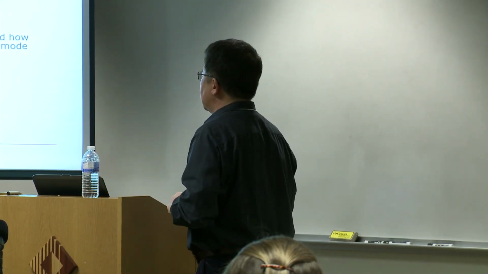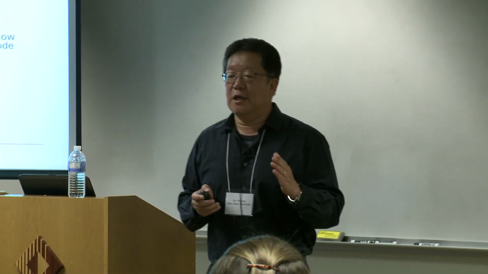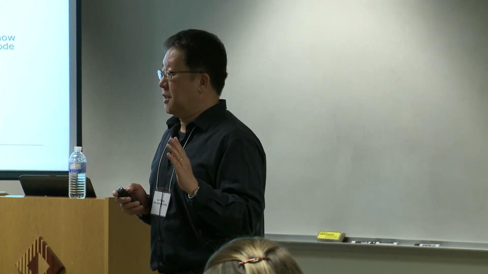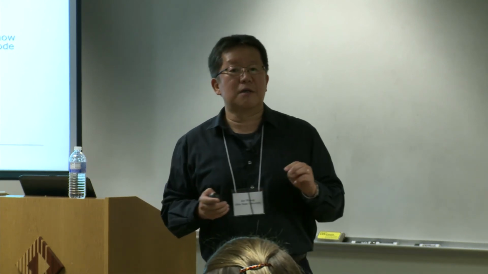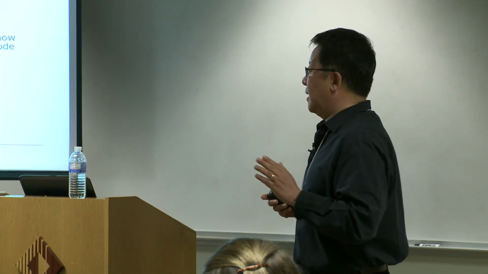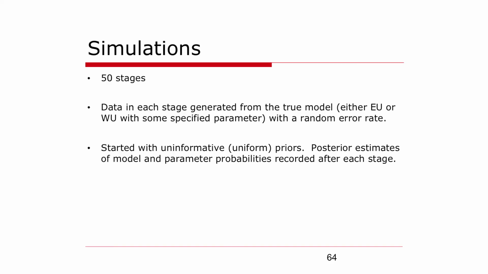I have two simulations to show. In one simulation, the data is going to come from weighted expected utility, and in the second one from expected utility. I want to see how well the ADO would perform, meaning identifying the underlying models. That's the simulation. We ran this for 50 stages, meaning that 50 pairs of gambles were presented.